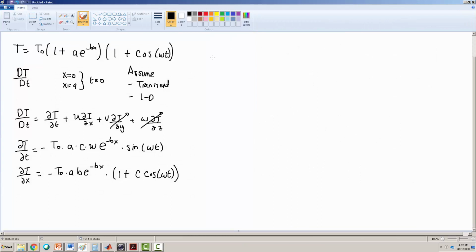Okay, so I'm just going to make this a little bit bigger and then substitute. We're going to take all these values and substitute into this equation.